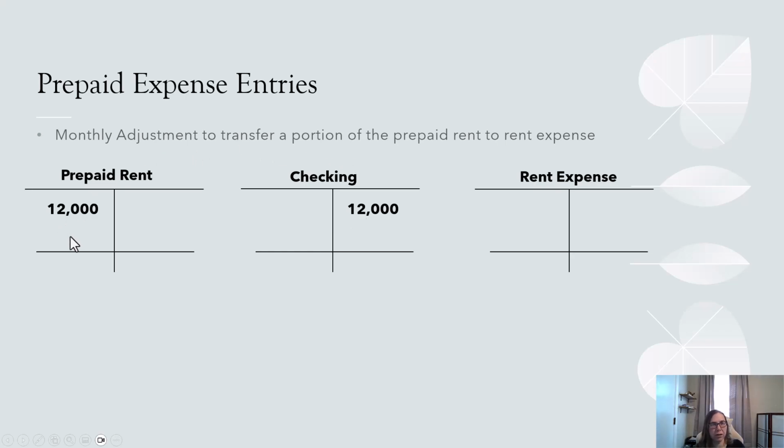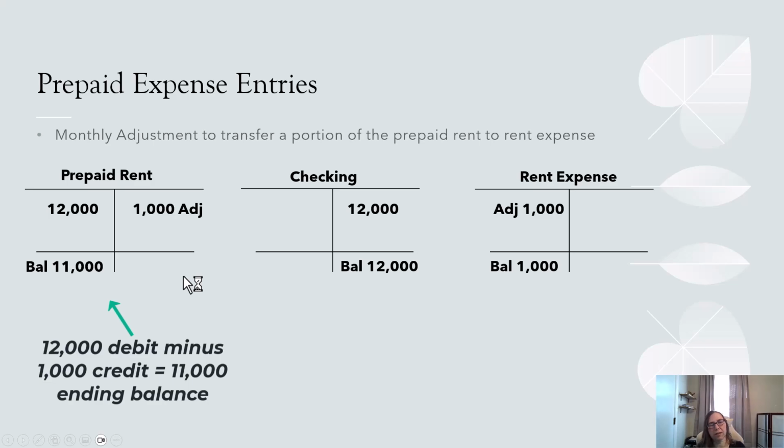But as far as prepaid rent and rent expense, you would take $1,000 out of prepaid rent and put it into rent expense. So you would have a credit over here under prepaid rent and a debit under rent expense. And hopefully you already know debits and credits in T accounts at this point, but this is how it would look in the T accounts.